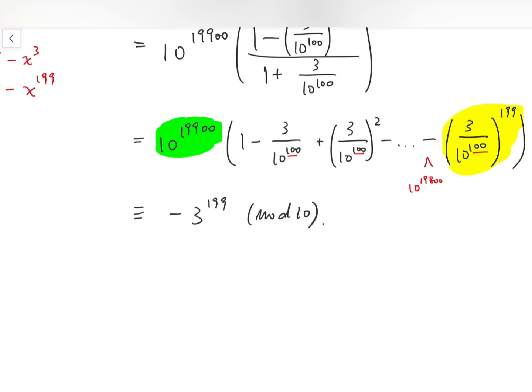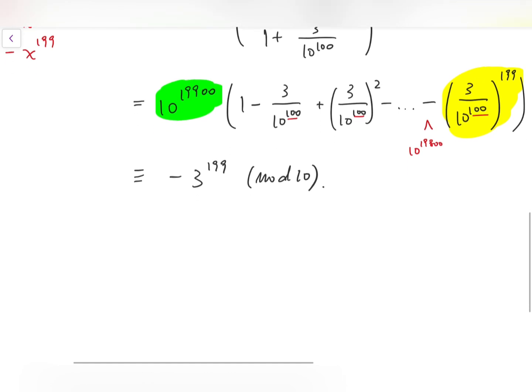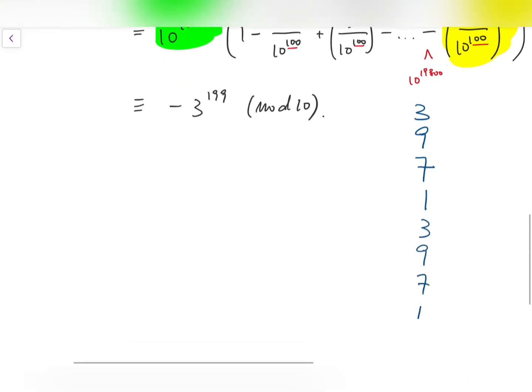As for 3 to the power 199 mod 10, notice that there's actually a periodic sequence with period 4, which goes like this. The first one is 3, the second one is 3 squared, 9, the third one is 3 cubed mod 10, which is 27 mod 10, so 7, and then the fourth one is 1. Then it starts to repeat: 3, 9, 7, 1, and so on.